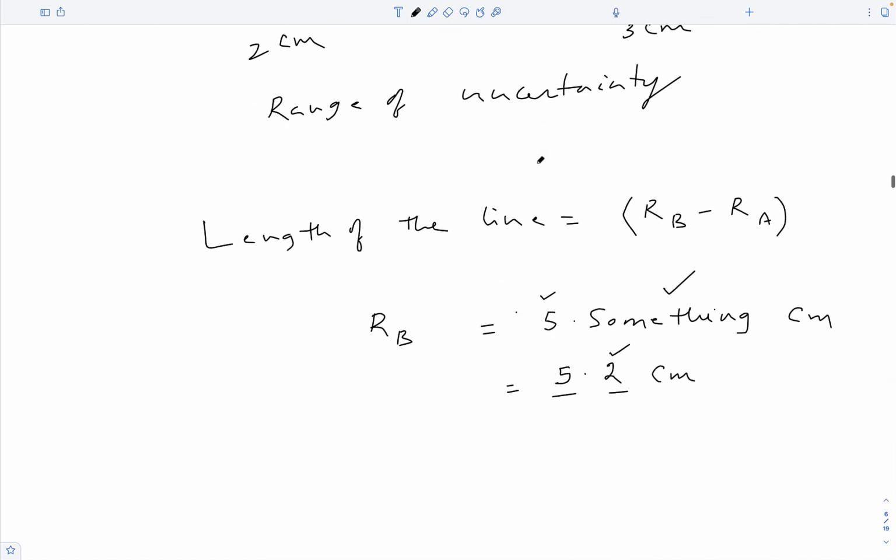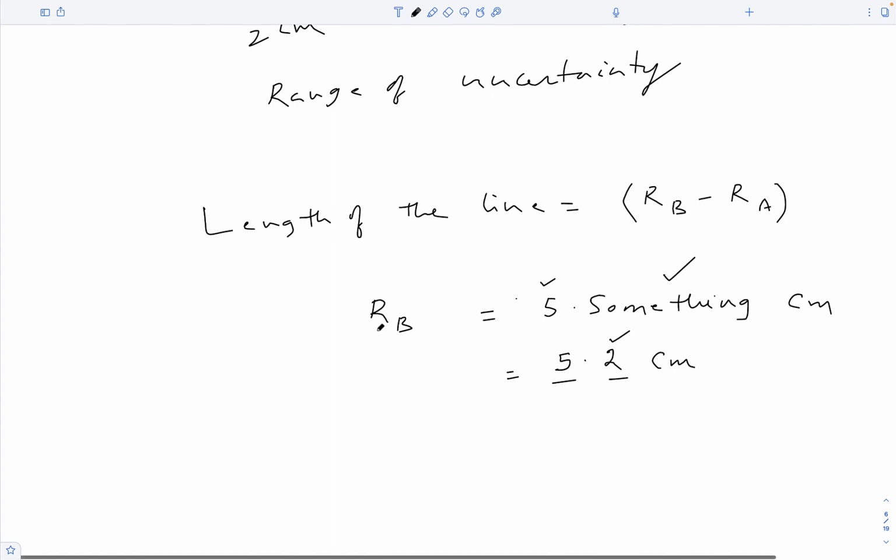Now, if you ask me how confident are you that the value of RB is 5.2 centimeters? See, I am very confident or 100% confident about this digit, but I am not so sure about this digit because the value of this digit is estimated using my imagination.